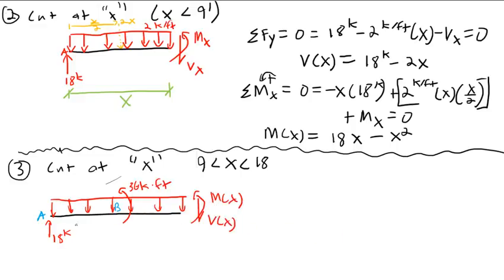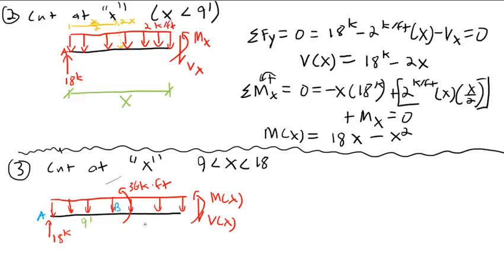The dimension from A to B is 9 feet. And this dimension here, well, I don't actually need that dimension. Actually, let me think about that. No, that's still okay. That's 9 feet.